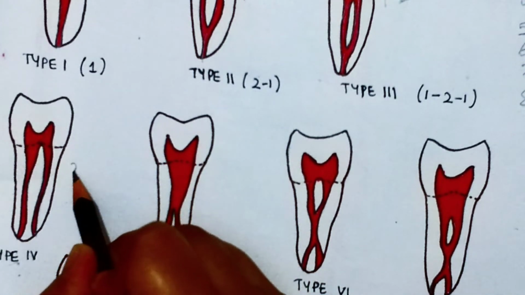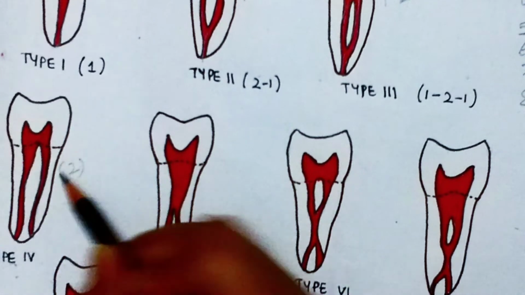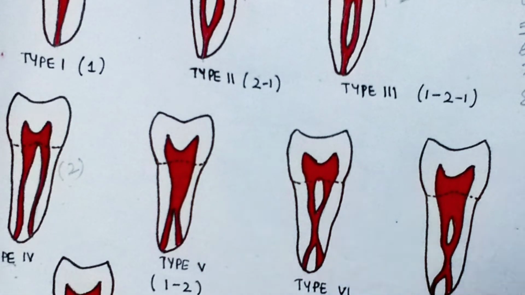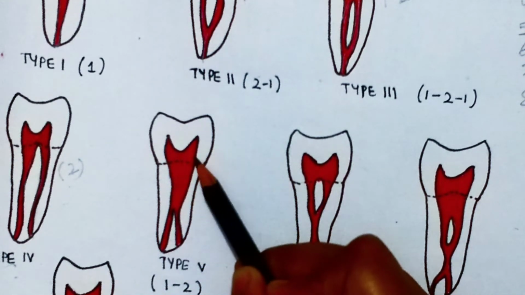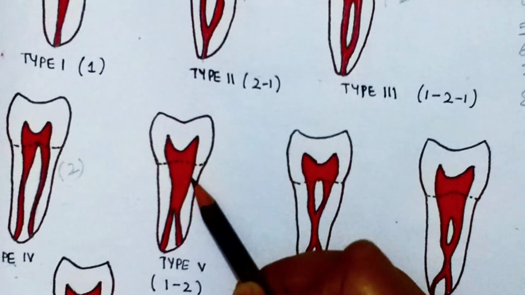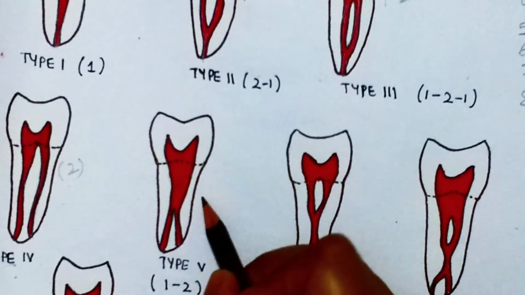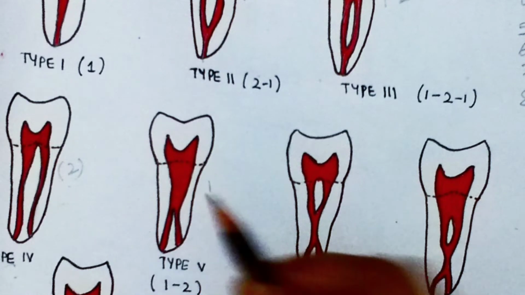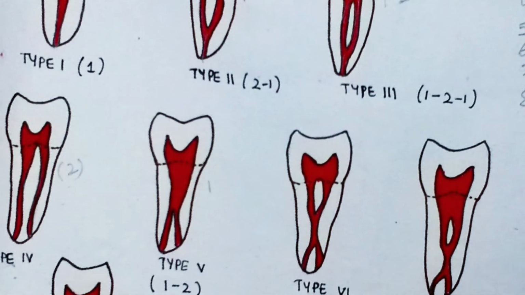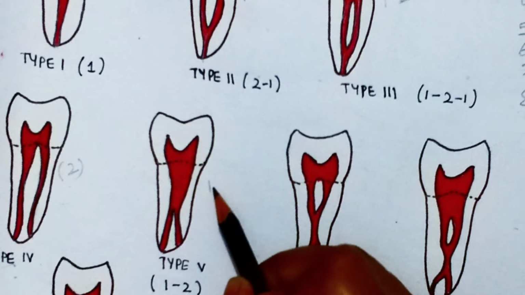Then in type 5 we can see that a single canal starts from the pulp chamber. So we represent it as 1, and after traveling some distance it is divided into 2. So we will write it as 2, because they are exiting as 2 different canals from 2 different apical foramen.